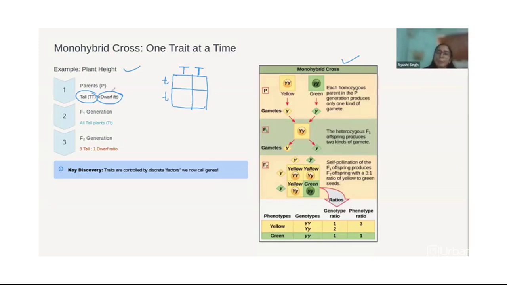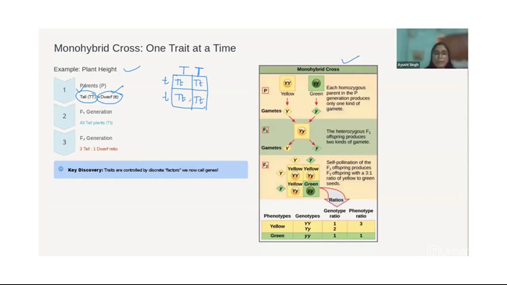The dwarf parent looked dwarf only, and the tall parent looked tall only. Now in the F1 generation, what we noticed is that all the plants are tall.